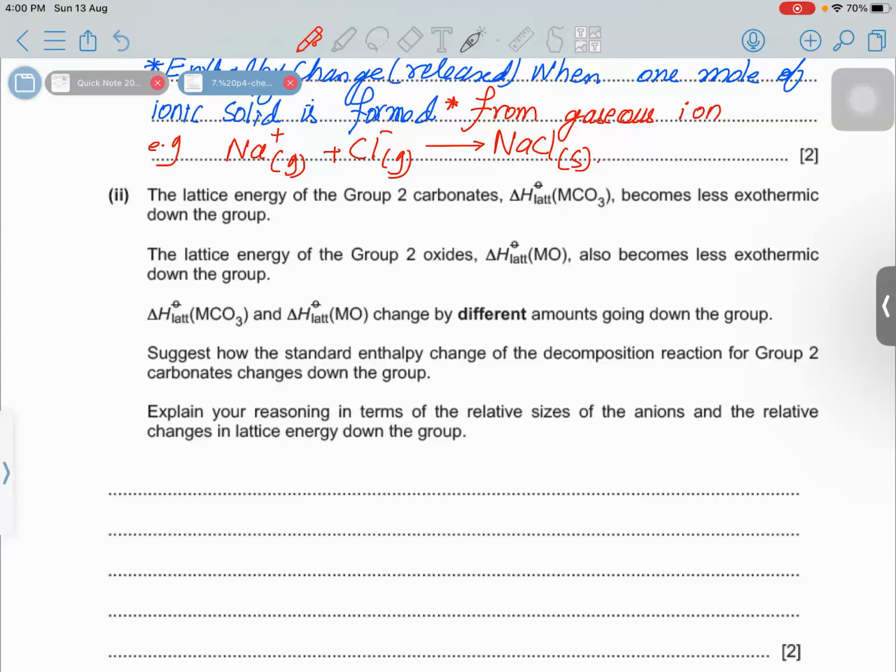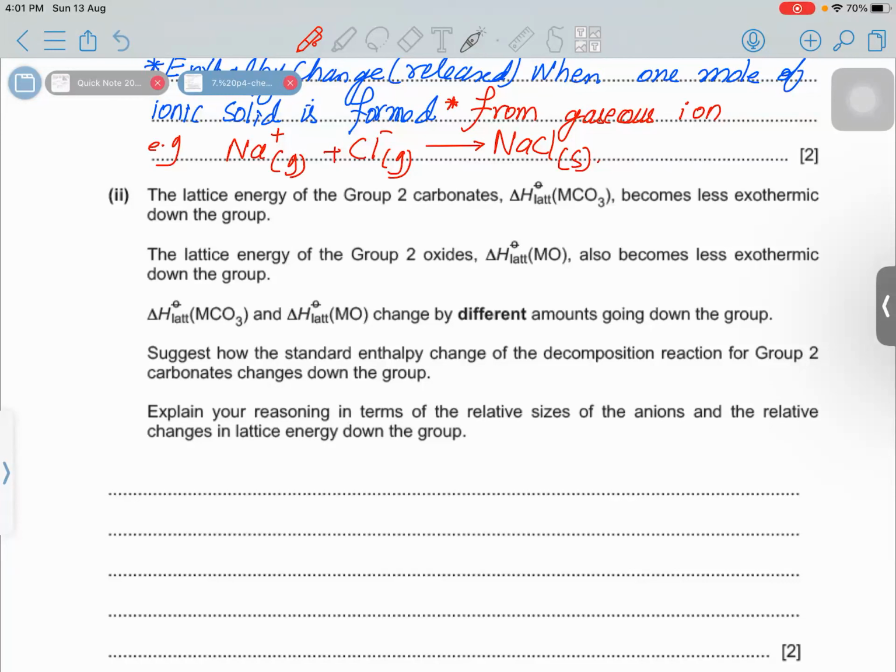So it will decrease, sir. Not decrease, decreases. Yes, sir, because it's becoming a weaker compound. So decompose, so energy required becomes less.